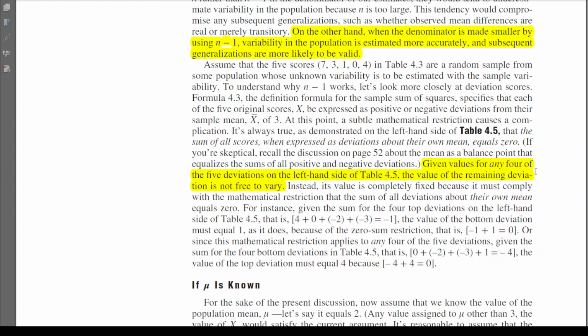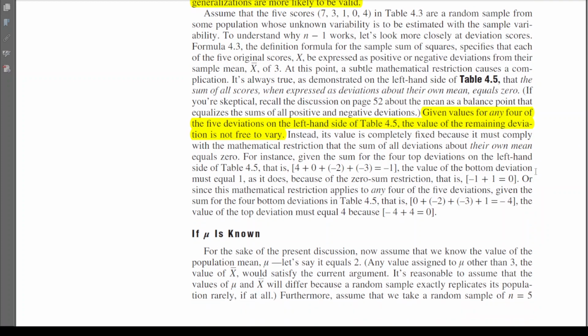Given values of any four of the five deviations, the value of the remaining deviation is not free to vary. Instead, its value is completely fixed because it must comply with the mathematical restriction that the sum of all deviations about their own mean equal 0.